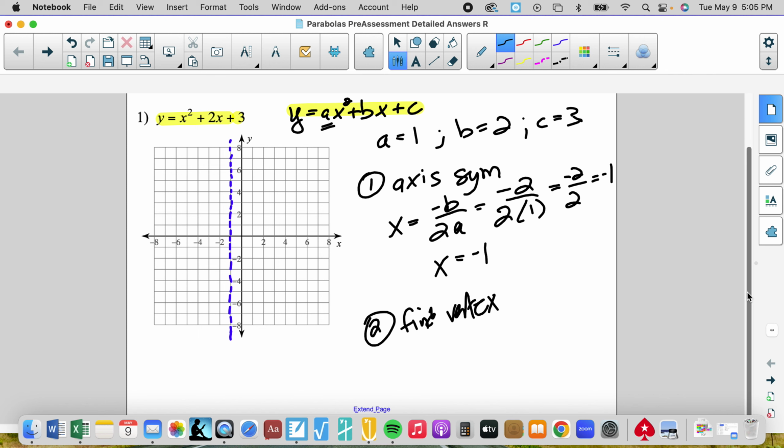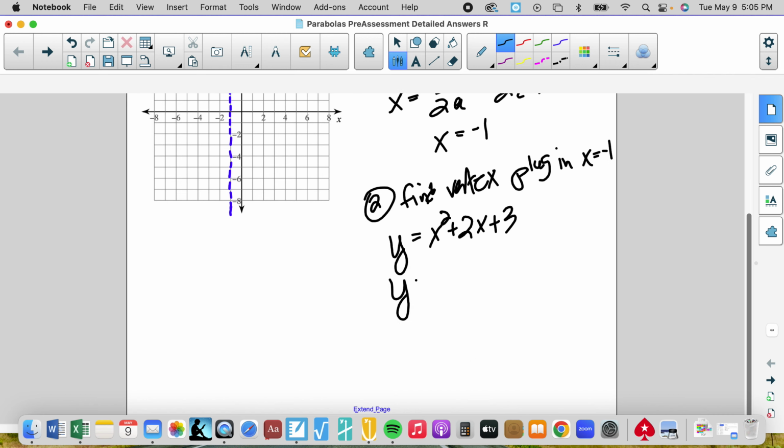So finding the vertex, we're going to take this x value and plug x equals negative 1 into the equation. Here's my starting equation. So when I plug it in, I'm plugging in a negative 1 and I'm squaring it.